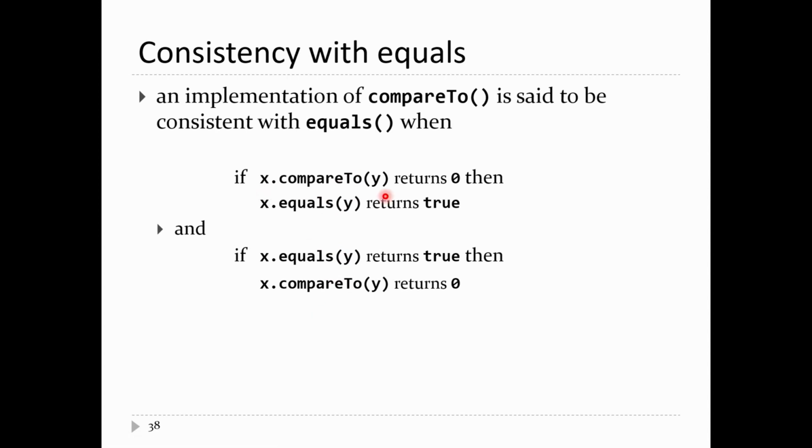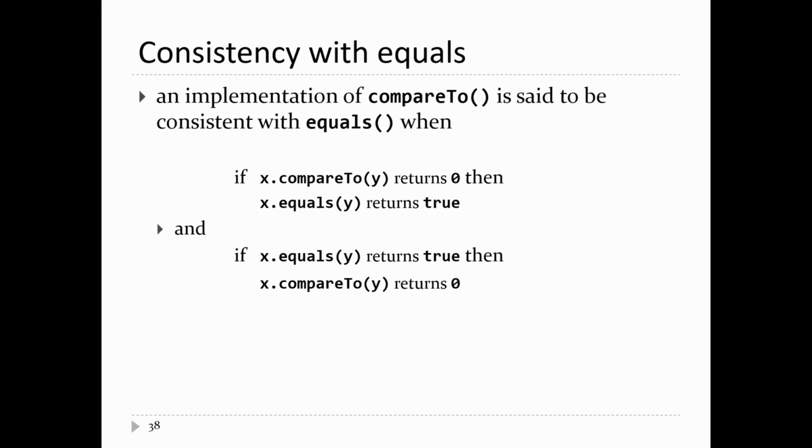If x compared to y returns 0, then x equals y also returns true. And similarly, if x equals y returns true, then x compared to y returns 0. When both statements are true, we say that compareTo is consistent with equals. In other words, when compareTo returns 0, equals also returns true. They're consistent with one another.